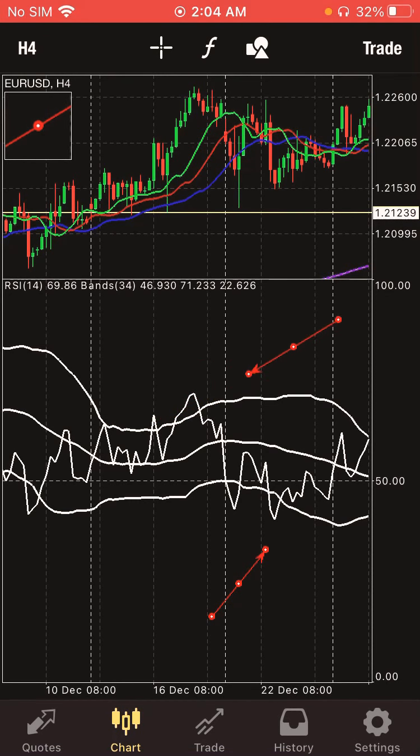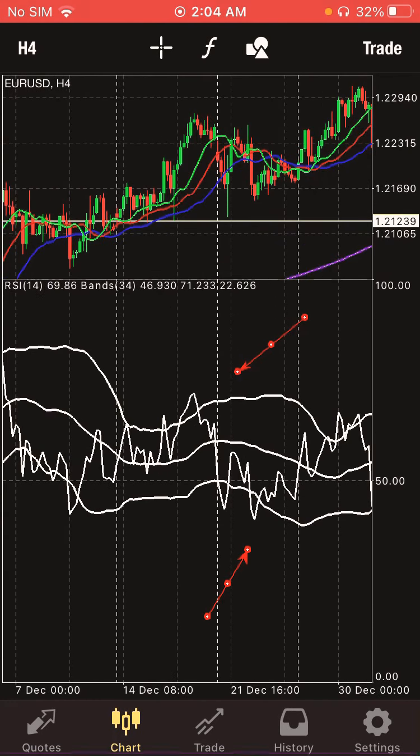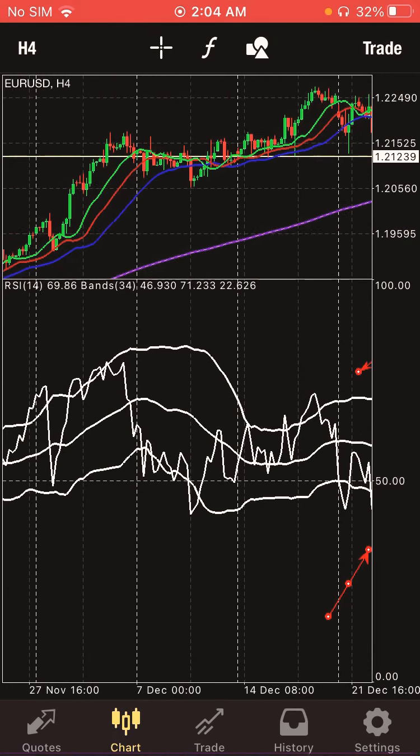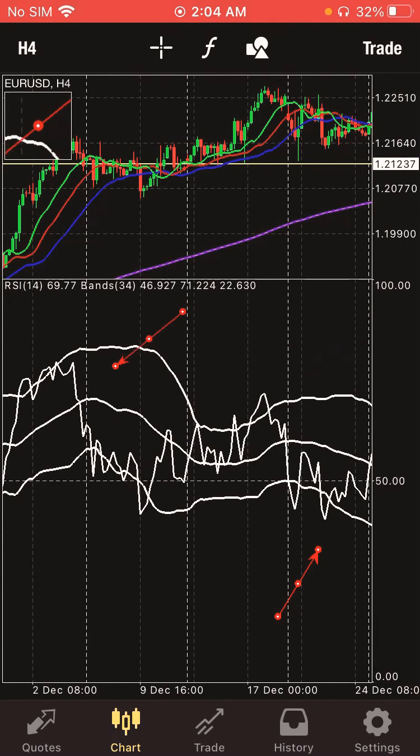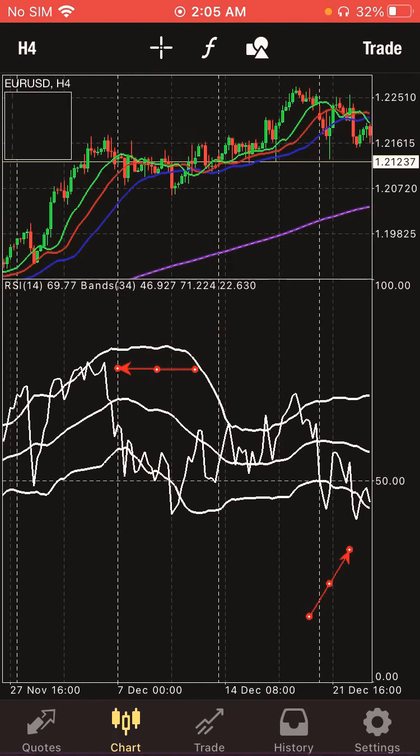And these shark fins don't always have to come out of the water, out of these outer lines. You know what I'm saying? As you can see right here, the little shark fin right there, it didn't really come out of the water. It kind of broke a little bit. It didn't really come out of the water, but look what happened to price.